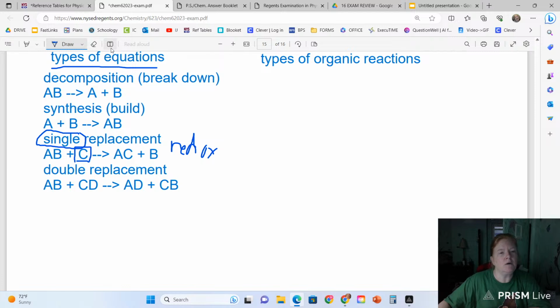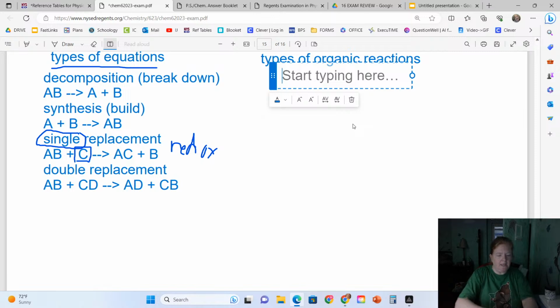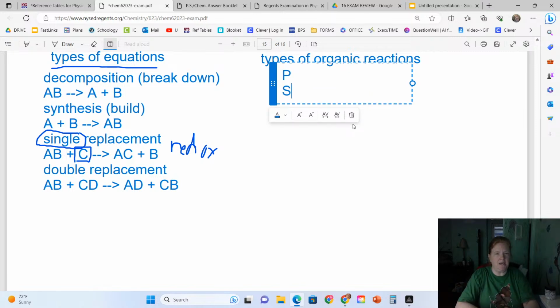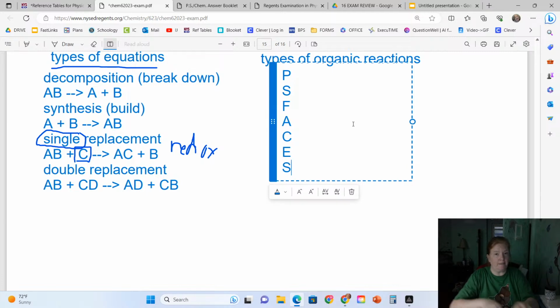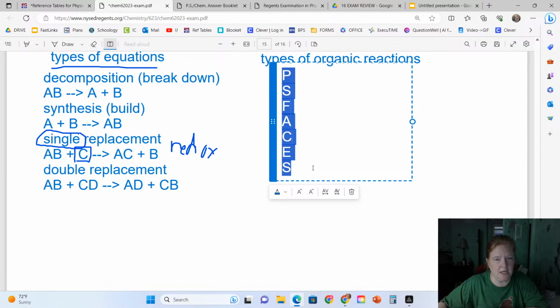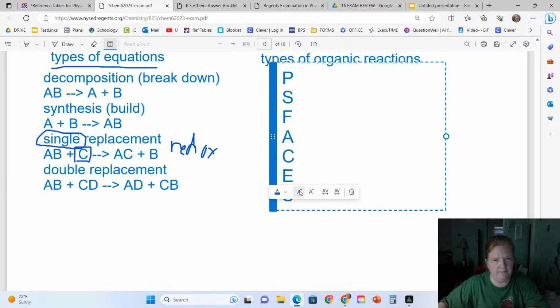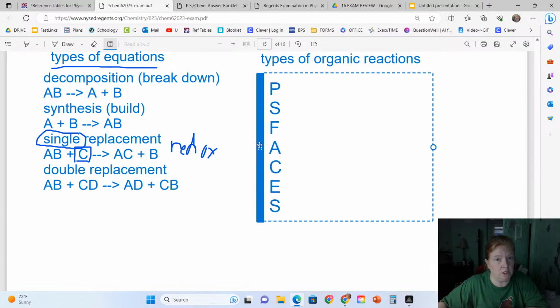If they ask about organic reactions, that's a different set of equations. Okay, so I teach this, faces. Okay, that's what I teach for remembering the organic reactions. Okay, so I'm going to go through each one.